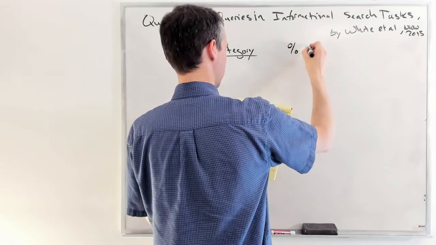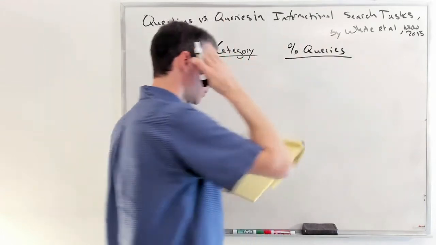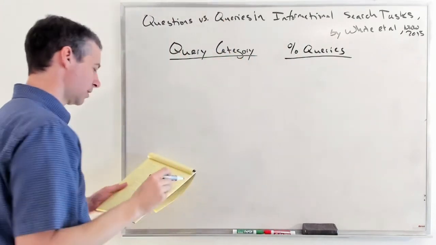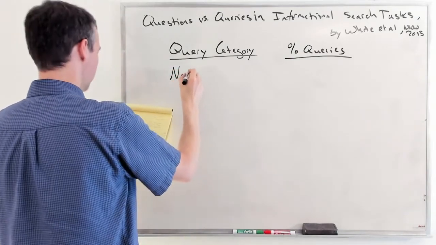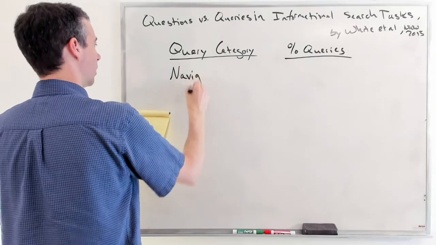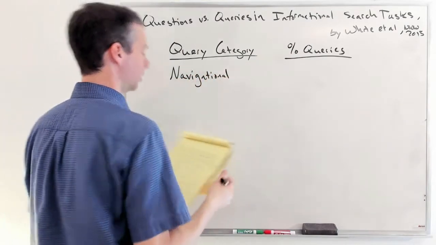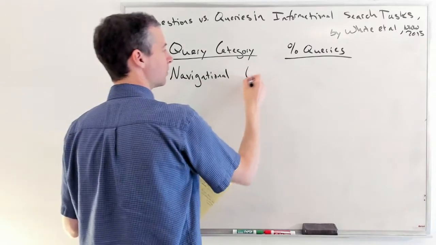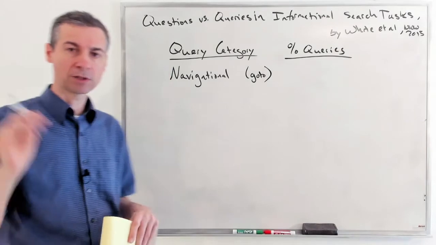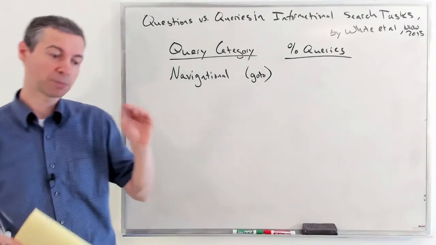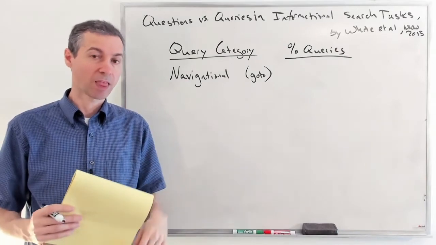So we can look at the percent of the queries that are coming in and falling under these different categories that they have. The most prevalent category are what are known as navigational searches. These are when people type in Facebook and their only goal is to click the link to Facebook.